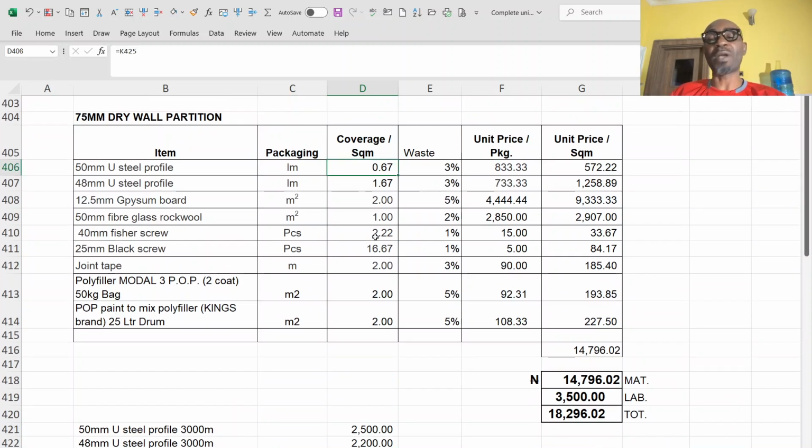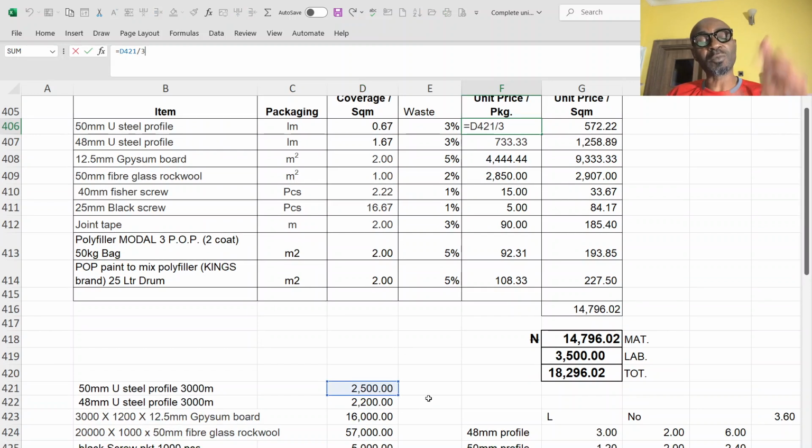We can remember where we got this, the linear meter of the profile, the 50. We remember how we got the linear meter of the profile for the vertical profiles, 1.7. Then the rates, of course, you divide the unit cost per one length of 3 meter by 3 meter, you get the cost per meter. You do the same thing for the 48, divide by 3 meter.